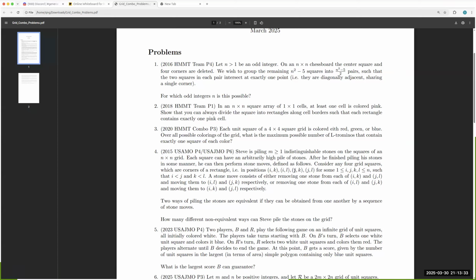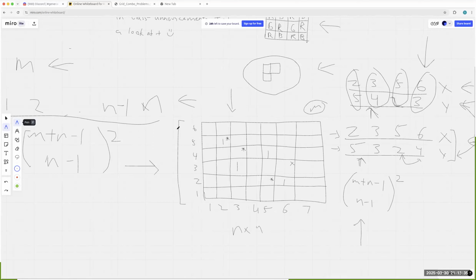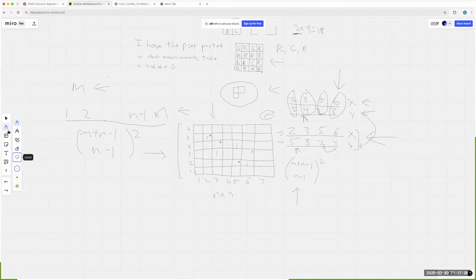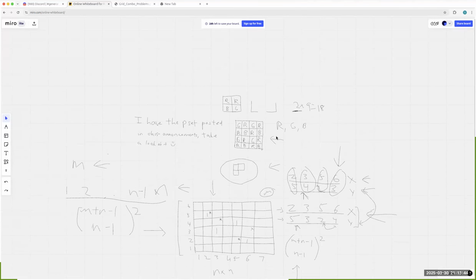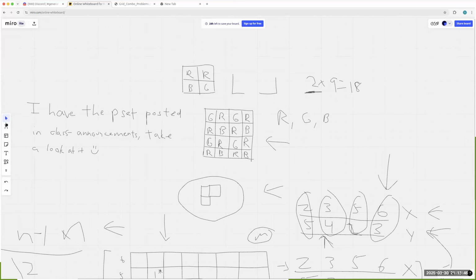Yeah. The key to that problem was up here. I drew it up here. Oh, it's just the coloring argument. It's noticing that each L tile can be very nicely described by a 2 by 2 subgrid, and then just counting those 2 by 2 subgrids. Okay. Right.